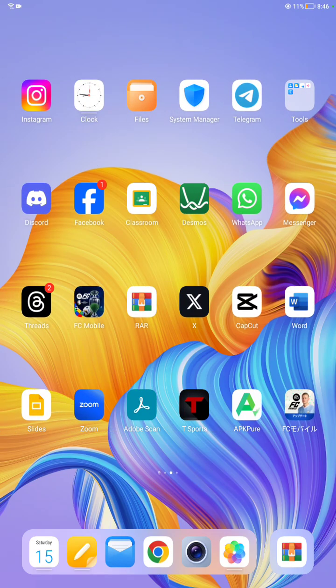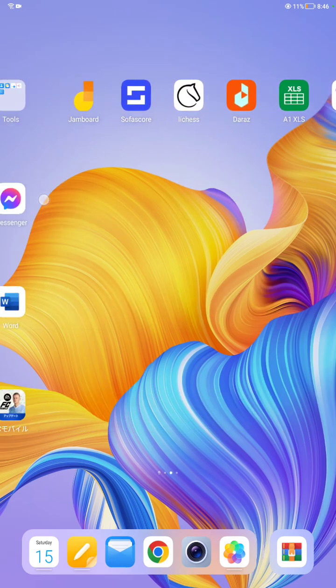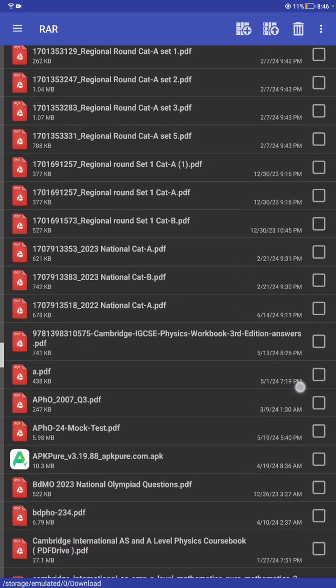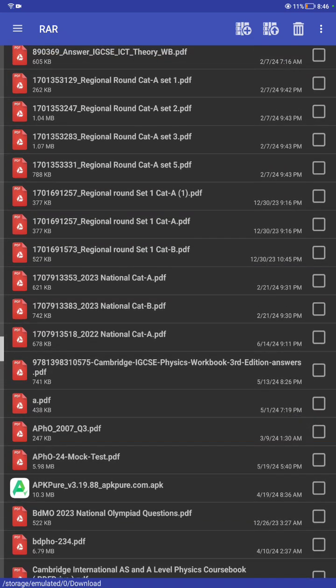I am Saifan, one of the academic members of Center of Circle, and today we'll be looking at a past Physics Olympiad problem. It's from the national round of BdPHO 2022, category A, for students of class 6 and 7. It's quite an interesting problem.